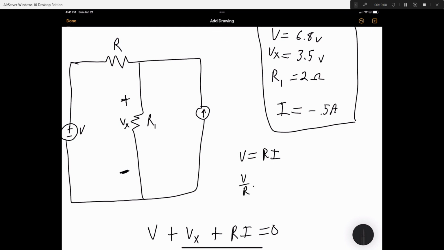Voltage over R is equal to the current I. And the current going through here is the same at points R and R1. So since we know the voltage is 3.5 divided by 2, the current must equal 1.75, is equal to I.